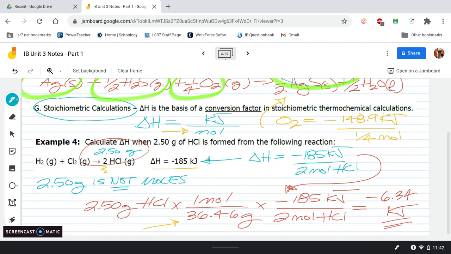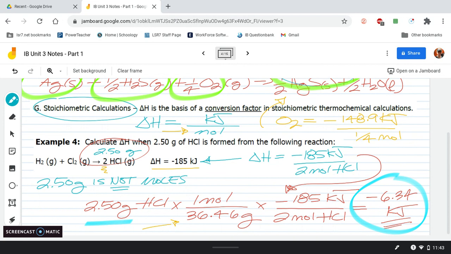Okay, so in the lab, you could actually go and figure that out, and you could say, okay, I can measure mass in the lab. So I can measure something like 2.5 grams of hydrochloric acid. I could do this particular reaction here, and then I should expect that if this reaction happened, if I did get 2.5 grams of hydrochloric acid, I should be getting negative 6.34 kilojoules of heat.